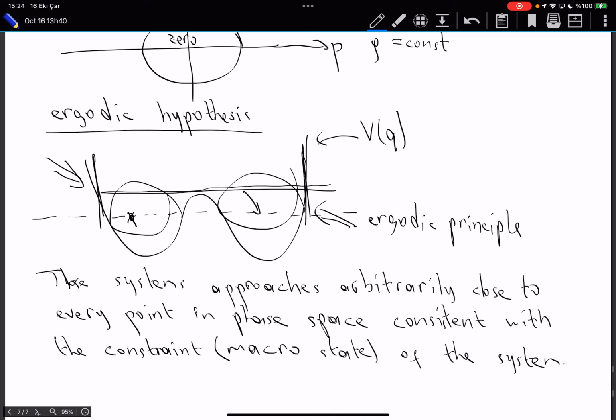Hocam, what's the rare event and its relation with ergodicity? Rare events. What do you mean by rare events? Like I said, somehow a particle has an unexpected energy due to the fluctuations or something, and it passes across the barrier.